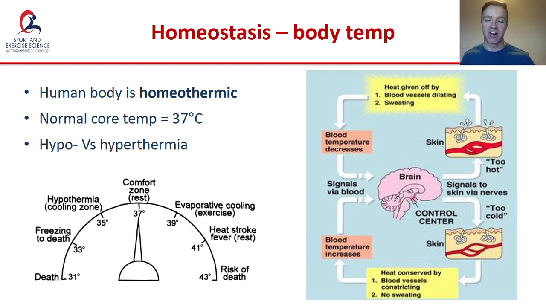It's a way of transferring heat around the body. So if we use the blood to transfer heat from the core of the body to the surface of the body, we can then lose that heat out of the body and help to cool us down. We also start to sweat, and that is when we release water onto the surface of our skin, and that helps to increase the rate that we lose heat out of the body depending on the environmental conditions.